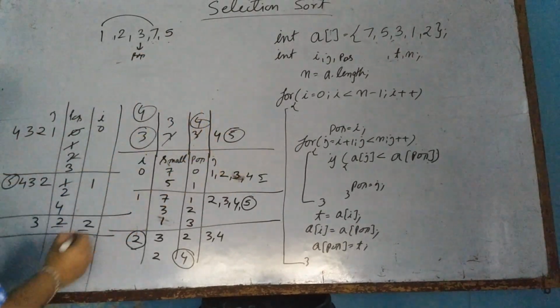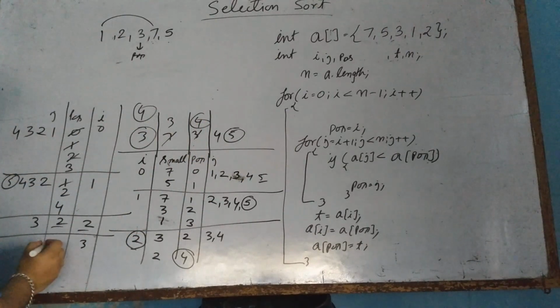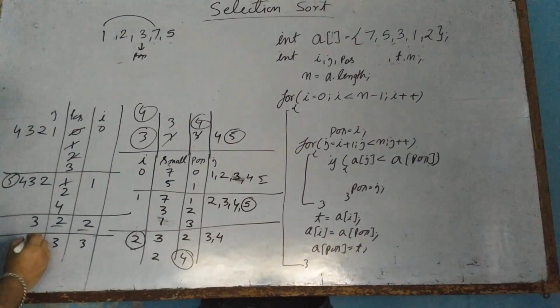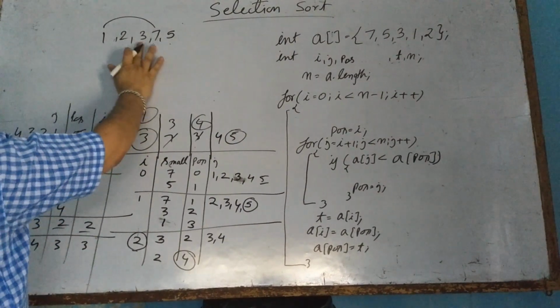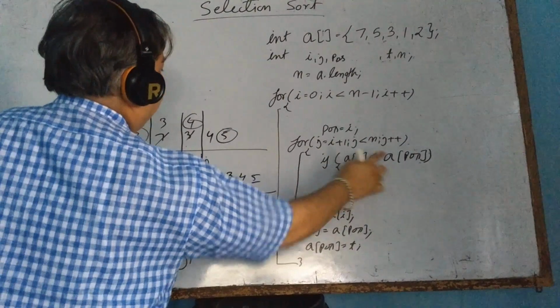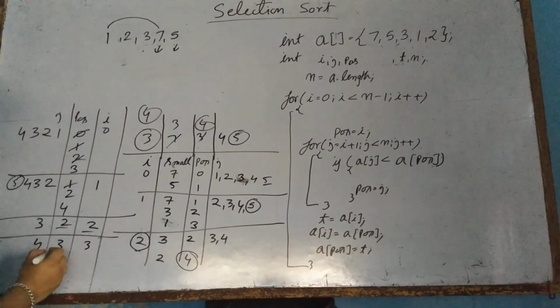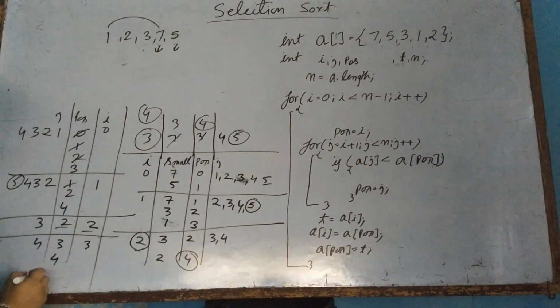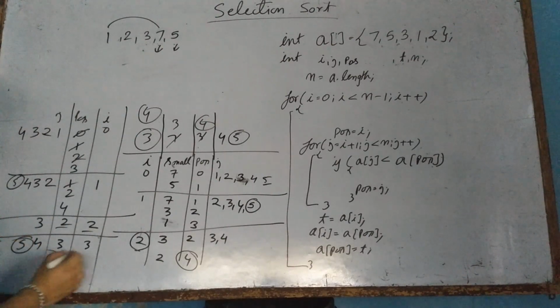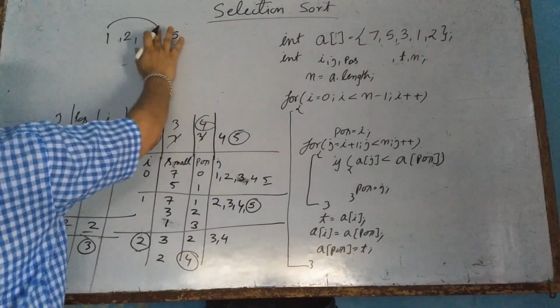Then when the value of I is 3, POS is 3 and J will start from 4. The number at 4 is less than the number at POS, so POS will become 4. Then J will stop. So index number 3 and 4 are interchanged.